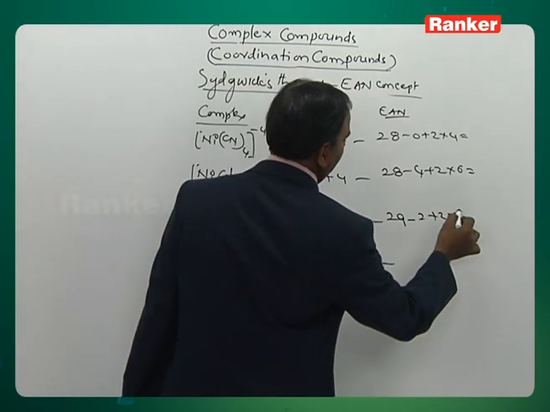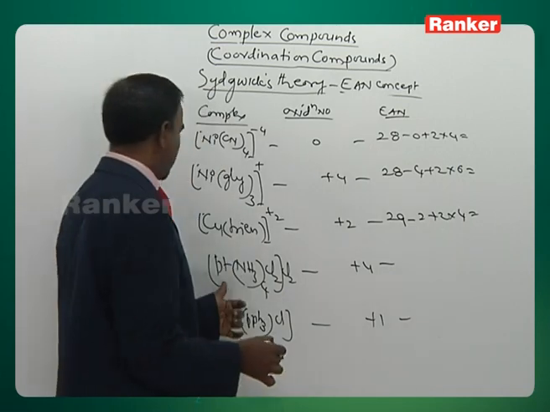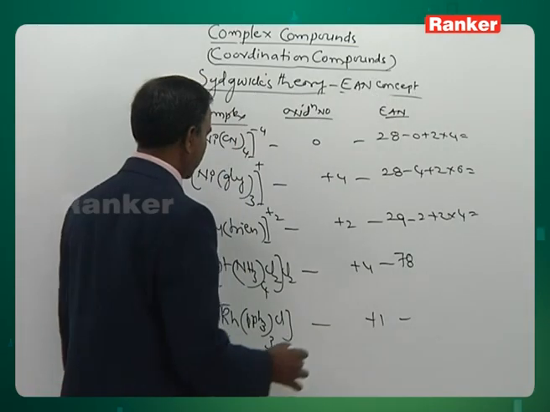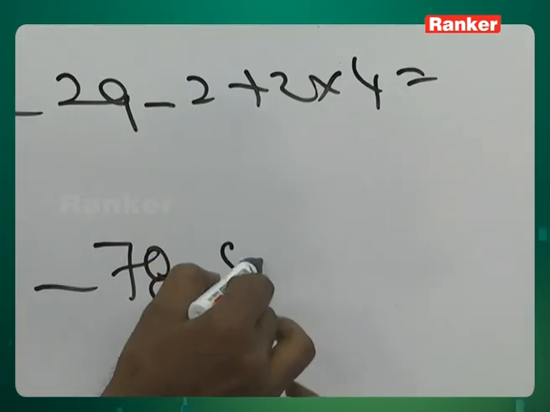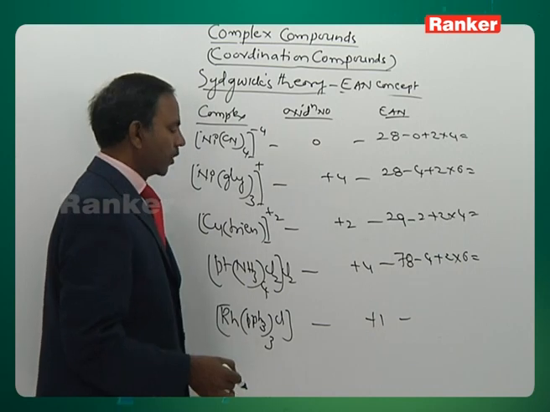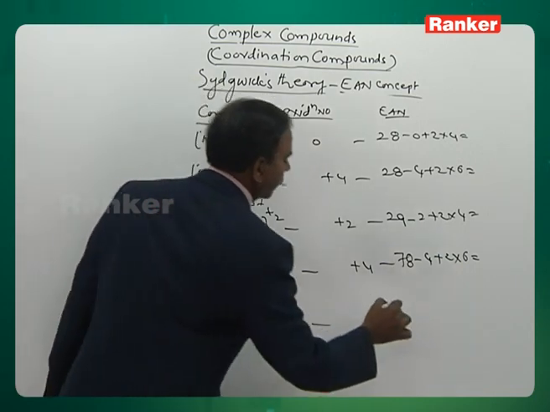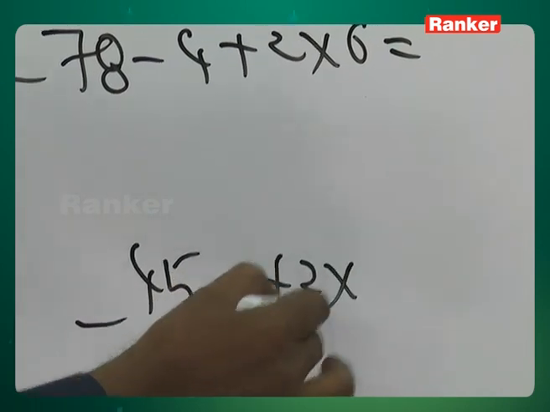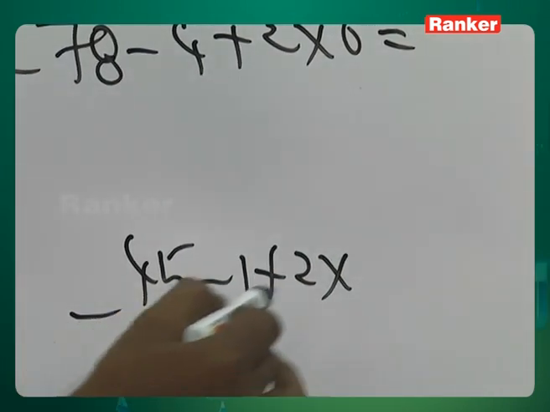Then platinum, you should know the atomic number, so it is 78 minus 4 plus 2 into 6. Then rhodium atomic number 45 minus 1 plus 2 into coordination number 4.